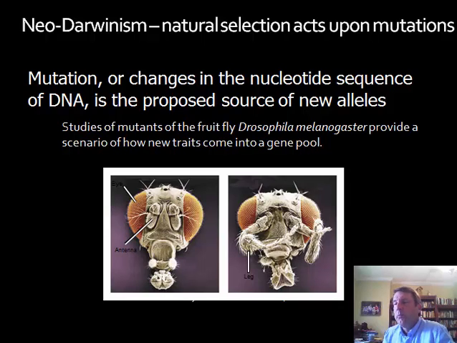So the mutation idea is a theory about how it happened in the past, and the theory is that over millions, even billions of years, you'd have so many opportunities for this to occur that some would come out beneficial, and that benefit would then be acted upon by natural selection, selected for, and passed on.